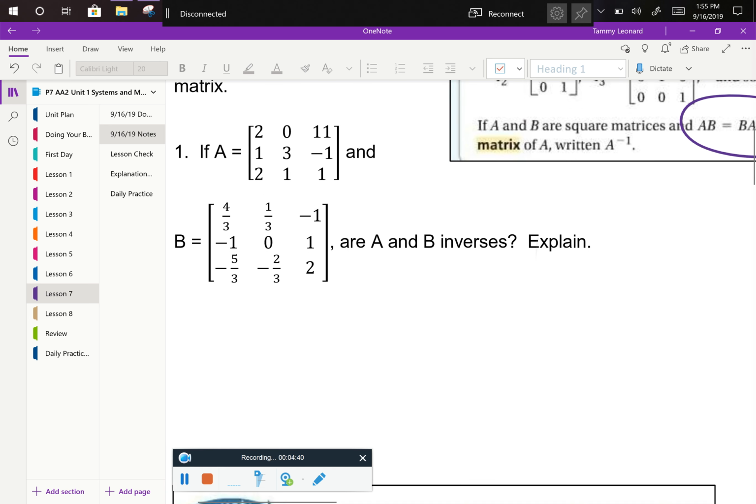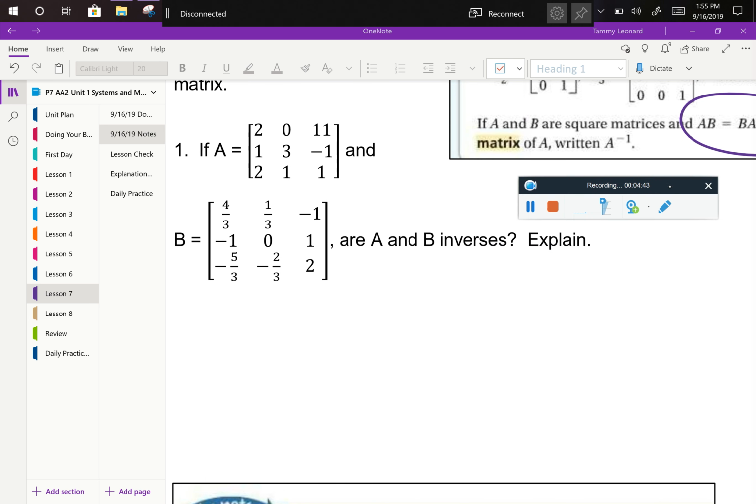So here we have two matrices. Now the first thing you should notice is that these are bigger than 2 by 2. Do you have to multiply things by hand if they're bigger than 2 by 2? No. So for our purposes, this is going to be a calculator problem. In addition, I'm going to show you something that you actually saw in a calculator activity already, but it's the not shortcut way of working with matrices.